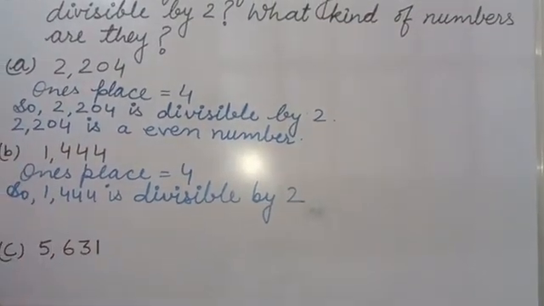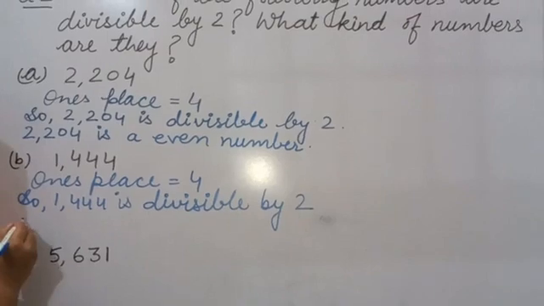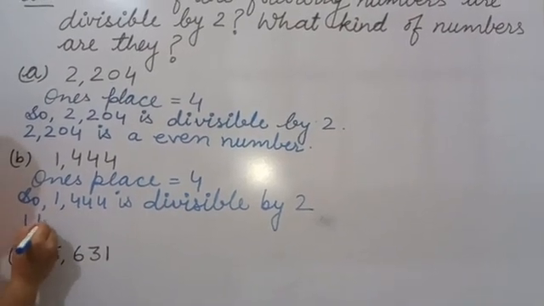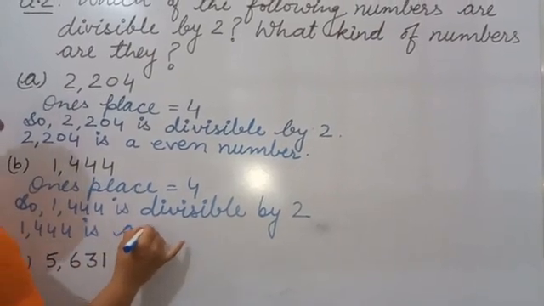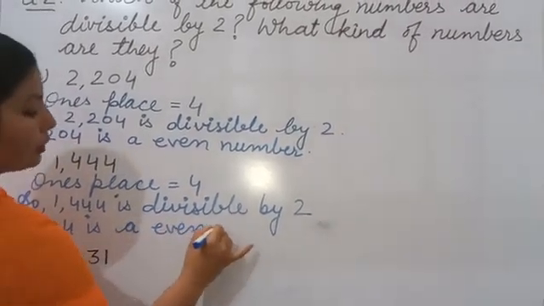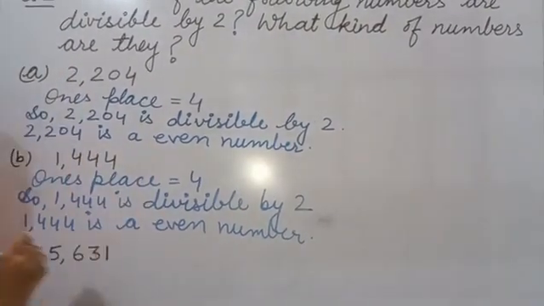Now again what kind of number is this? This is even number. So we write here 1444 is a even number. Okay. Then next C part.